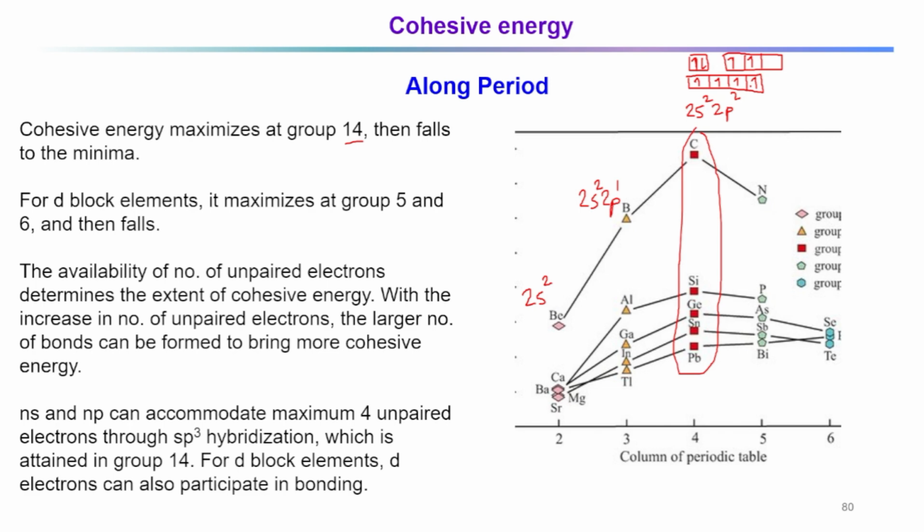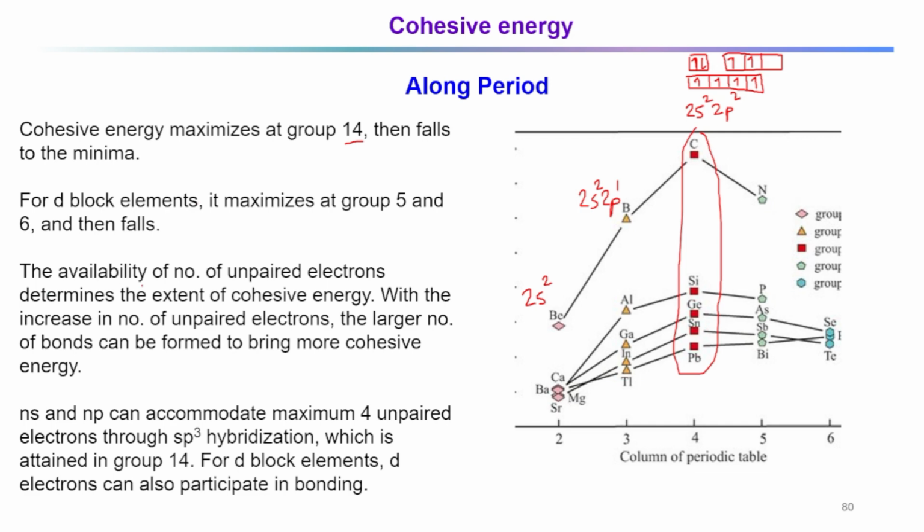Similarly, for all other atoms, for example boron can bind to at most 3 atoms, nitrogen can bind to at most 3 atoms. So this binding increases in case of group 14 elements, because they have 4 unpaired electrons.